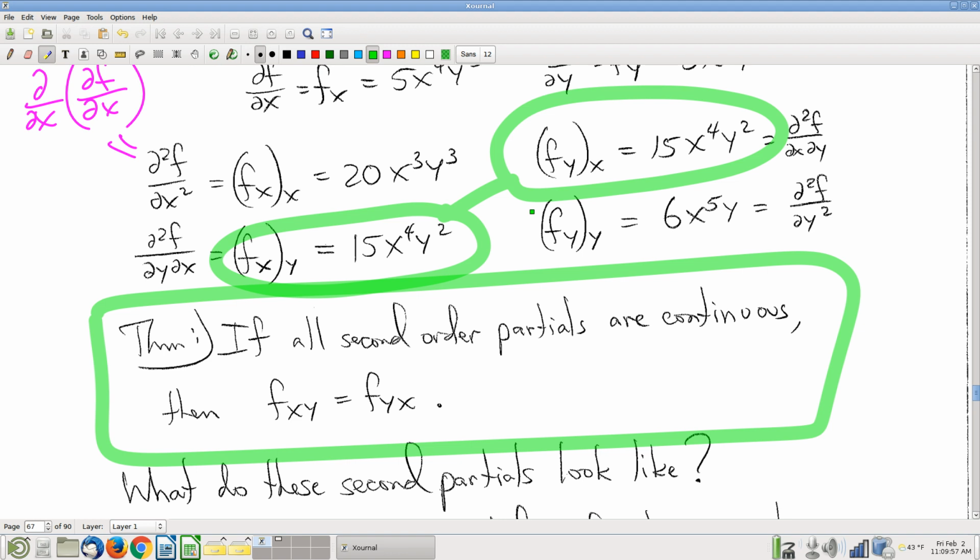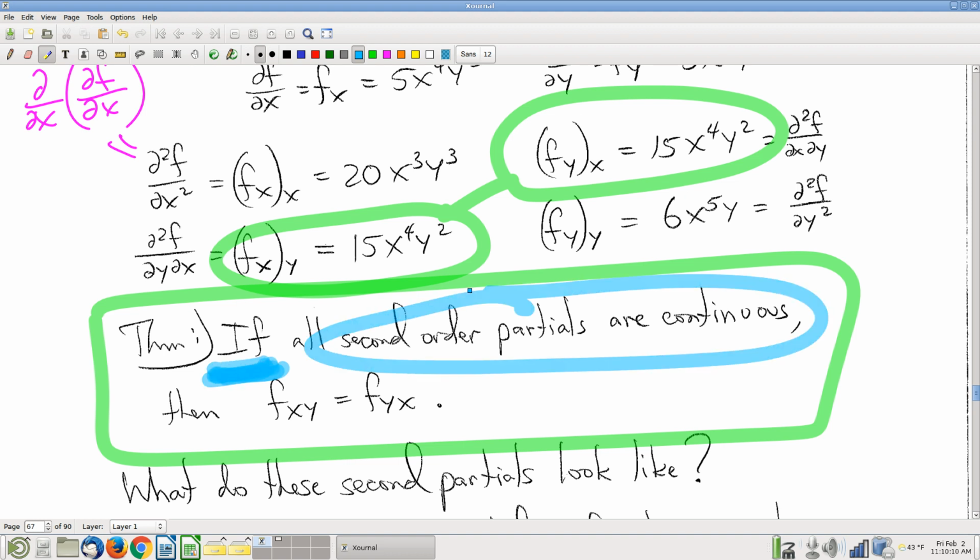It turns out that this is usually true. Now, it is not always true. There is a condition. If everything in sight is continuous. Now, specifically, all we need is the second-order partials to be continuous.